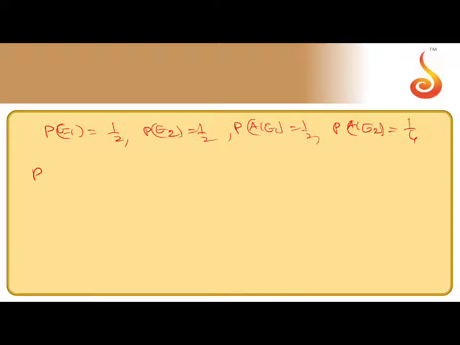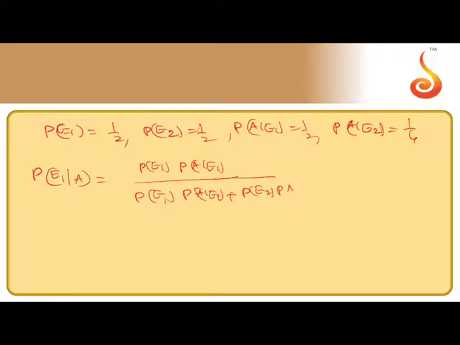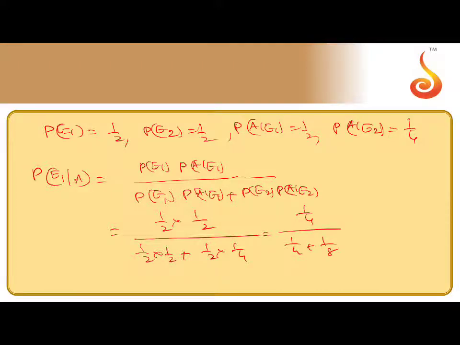P of E1 given A equals P of E1 into P of A given E1, divided by P of E1 into P of A given E1 plus P of E2 into P of A given E2. Substituting the values: 1 by 2 into 1 by 2, divided by 1 by 2 into 1 by 2 plus 1 by 2 into 1 by 4. This is 1 by 4 divided by 1 by 4 plus 1 by 8.